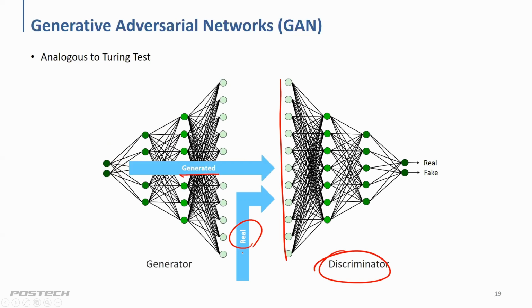We don't know which one it is. The job of the discriminator is to tell whether it's real data or fake data. So we have two networks.